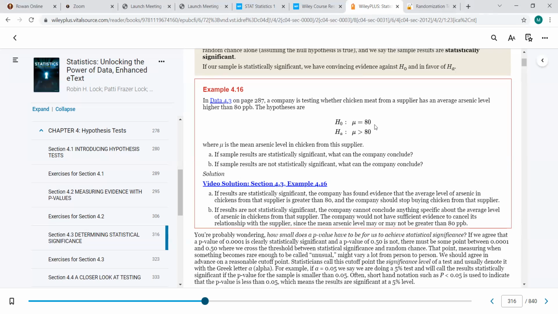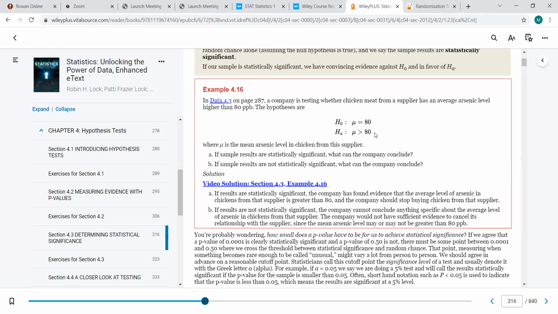The null hypothesis is that the mean is 80. You have to understand that when we use equal to, we can also mean less than, because less than 80 would be okay too. But greater than 80 is not okay, and we want to check whether the sample has significantly more arsenic, to the point where we would reject this null hypothesis. If we do reject it, we tell that supplier we're not doing business with them anymore. You put too much arsenic in your chickens, and we're finding another supplier.